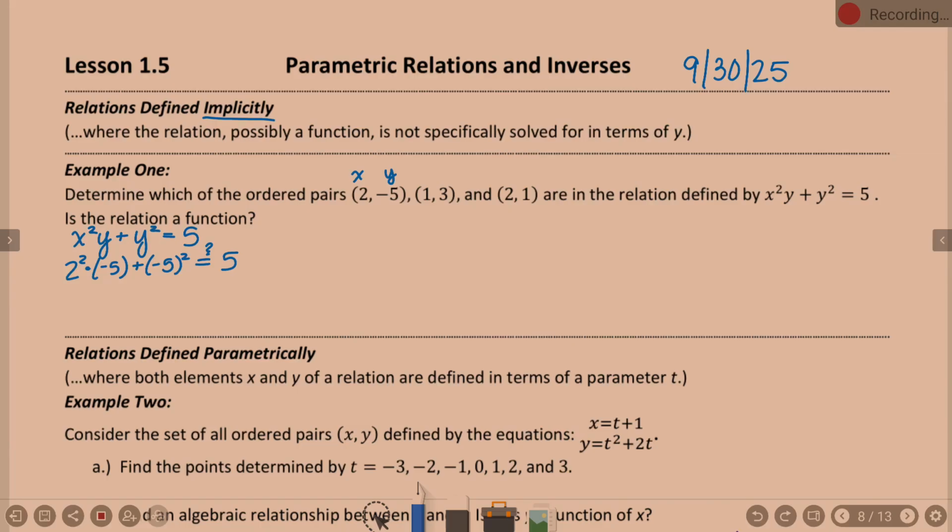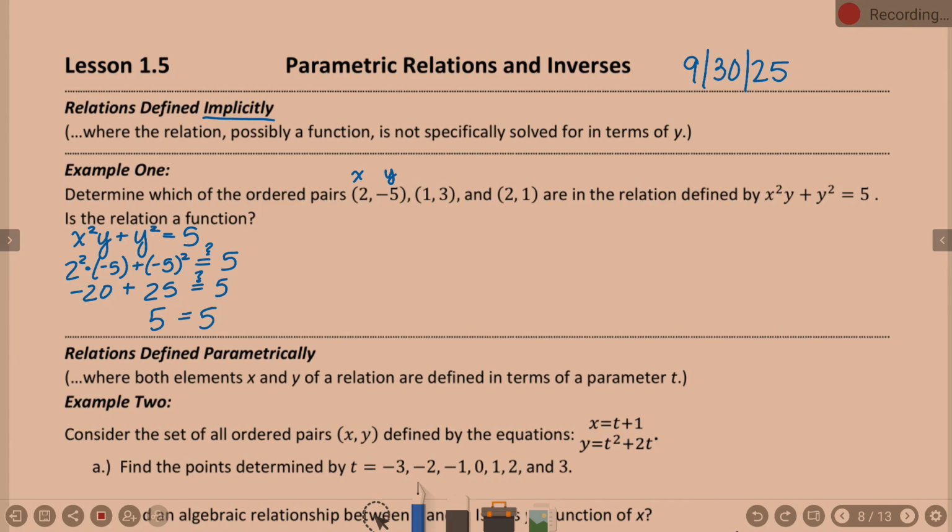So, do some math with me. 2 squared is 4 times -5. -20. Plus, what's (-5) quantity squared? 25. And what's -20 plus 25? 5.